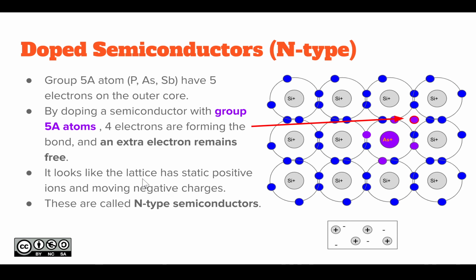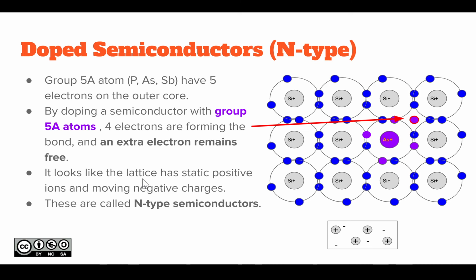So actually things get pretty fancy when we start doping the semiconductor, meaning that we are doping small amounts, something like 1 part per million to 100 parts per million. A very small amount of other materials, for example group 5A atoms: phosphorus, arsenic, or antimony, SB, which have 5 electrons on the outer core.